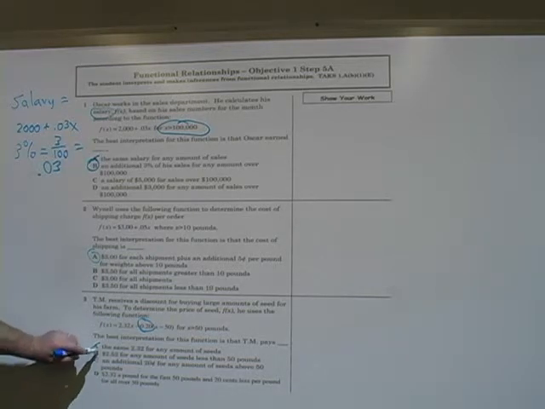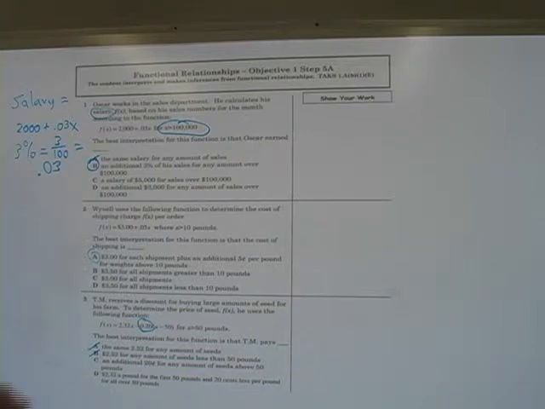Answers C and D. So it's going to be one of those. Answer C says an additional 20 cents for any amount above 50. Answer D says $2.32 a pound for the first 50 and then 20 cents less per pound for all over 50. Which of those do you think it would be?